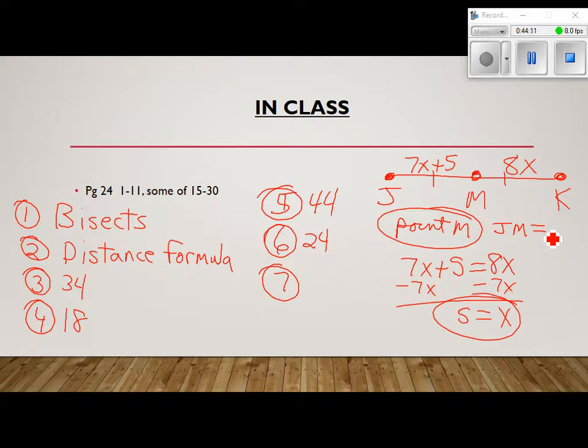I'd probably plug it in right there, because 8 times 5 is 40. I know that in my head, and the reason I would plug it in over there is what do I know about these two segments? They're the same. So if that one's 40, that one has to be 40. If you can make your work shorter somehow, do it. If you can make it easier, do it. Don't make it harder than it has to be.